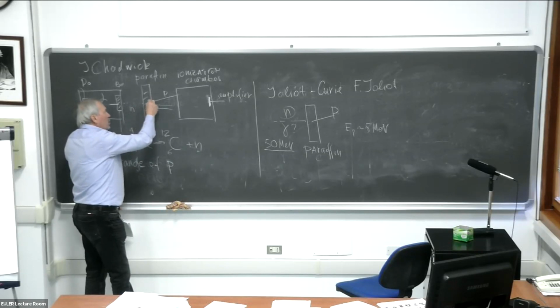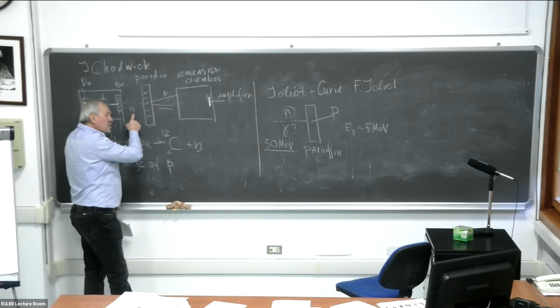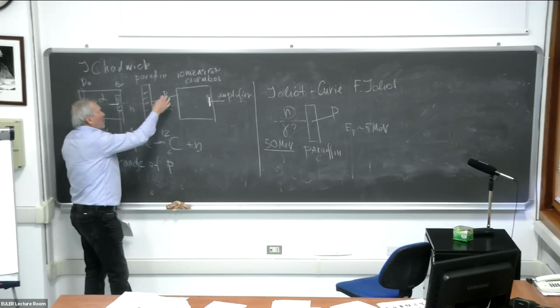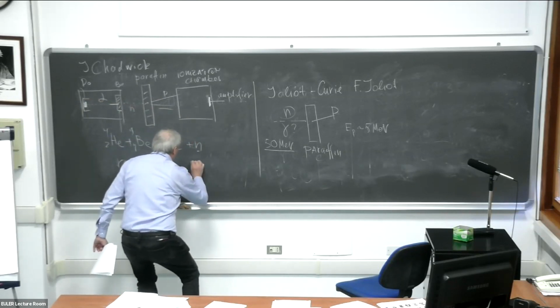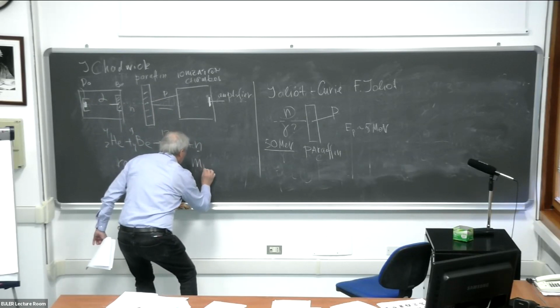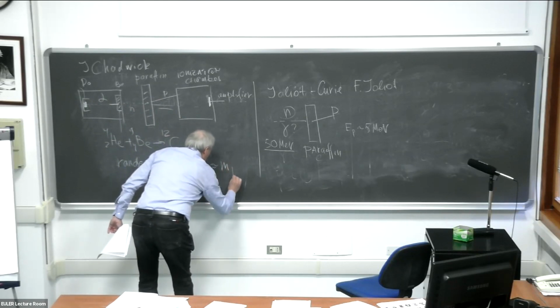You can use simple kinematics to establish that the mass of this particle should be of the order of the mass of the proton. Essentially, that was the discovery of the particle. What he established is that the mass of this new particle is approximately the mass of the proton.